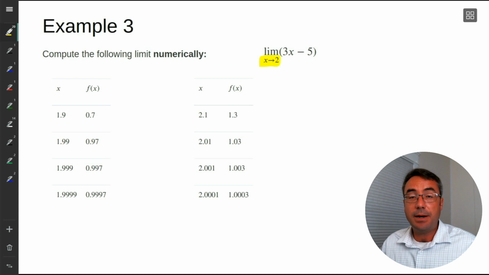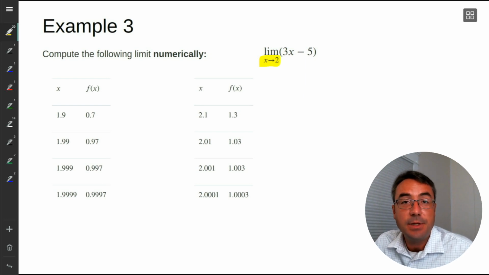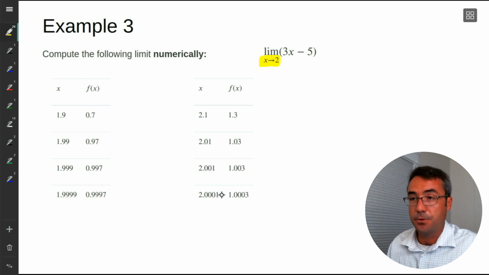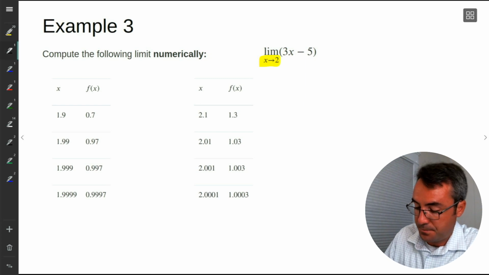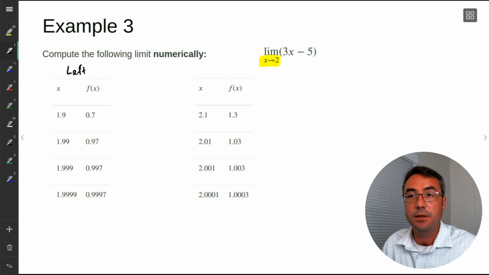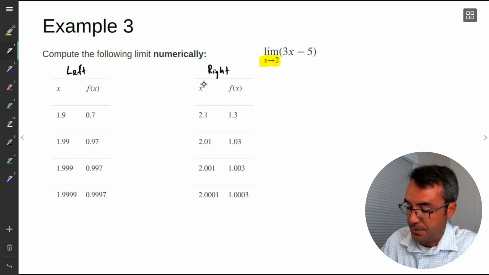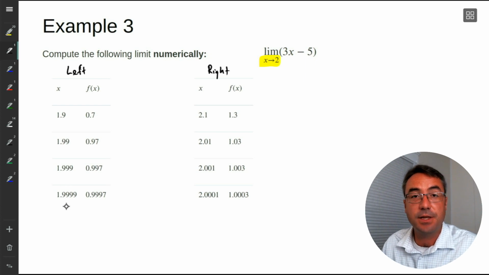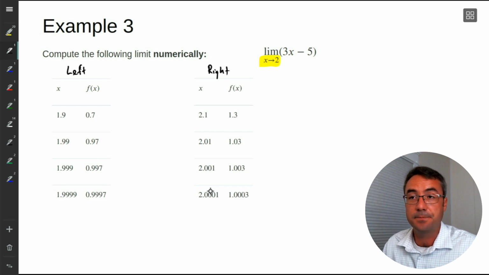To talk about x approaching 2, we want to think about what the left-hand limit is doing and what the right-hand limit is doing. So we have a table for our left-hand limit, and we have a table for our right-hand limit. These are all the x values that are slightly smaller than 2, and these are all the x values that are slightly bigger than 2 that we're going to use here.